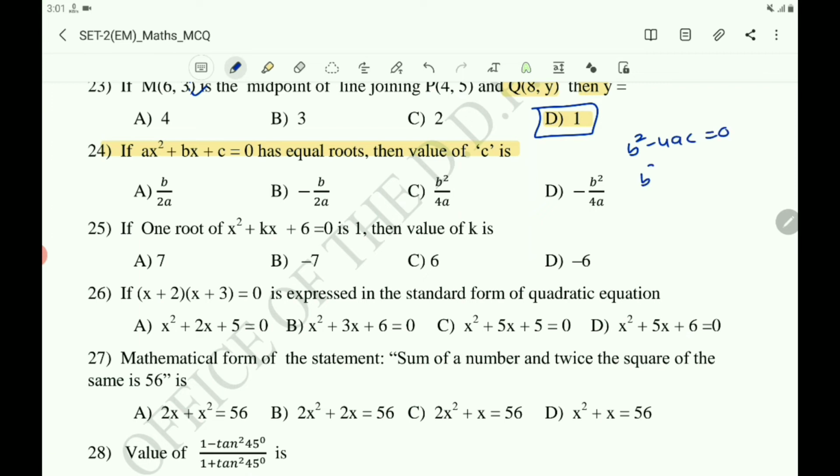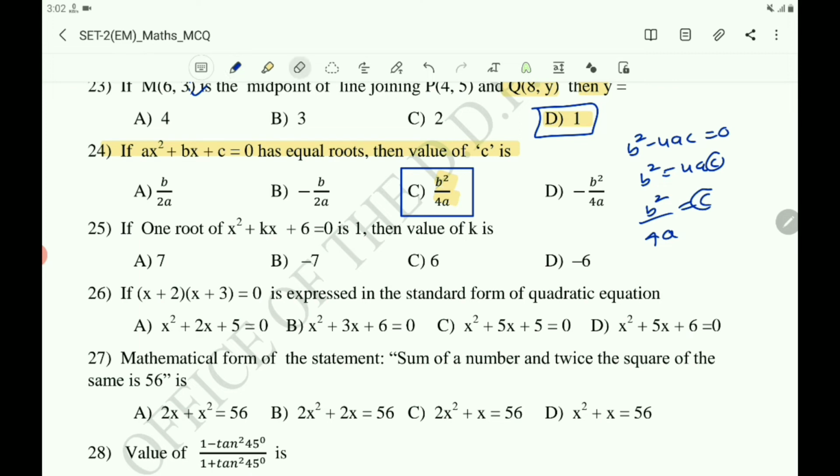So you can have b square equals 4ac. Then c equals b square by 4a, as you transfer the 4a to the other side. So what is the answer here? Option C. Note down the answer, option C.